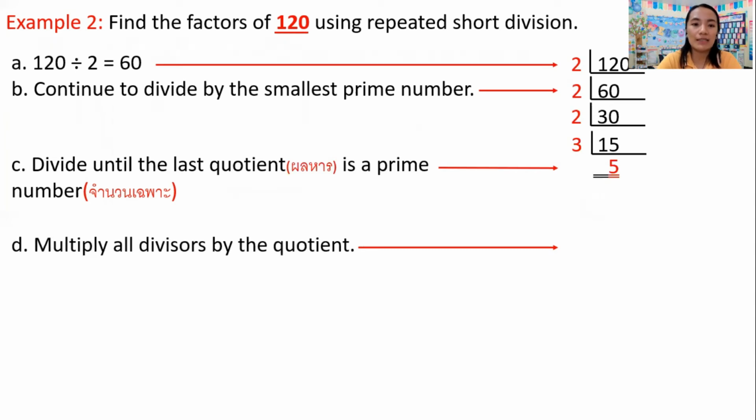So divide until the last quotient is a prime number. So our final quotient is a prime number. Next, step D. Multiply all divisors by the quotient. So let's write the quotients here. So 2 times 2 times 2 times 3 times 5, or 2 raised to the power of 3 times 3 times 5.